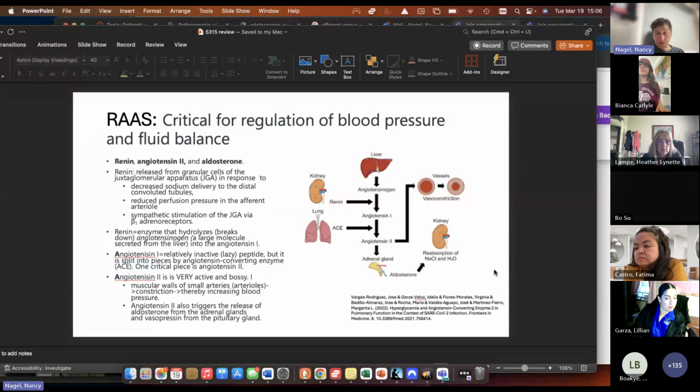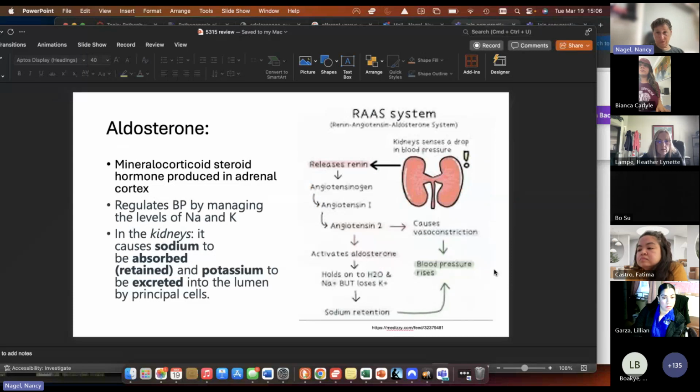And then I will talk a little bit about aldosterone, because a lot of people struggled with this one on the test. Always think about what it normally does. It's stimulated by angiotensin 2.